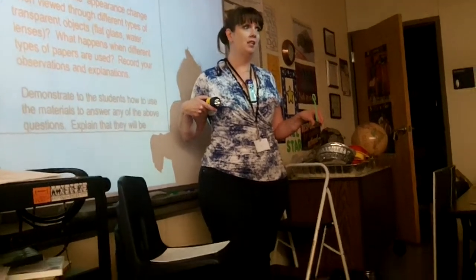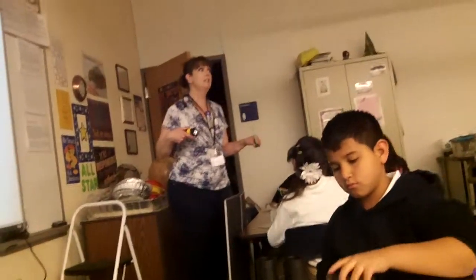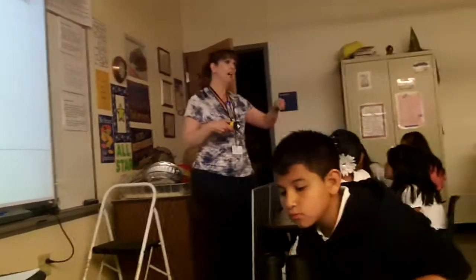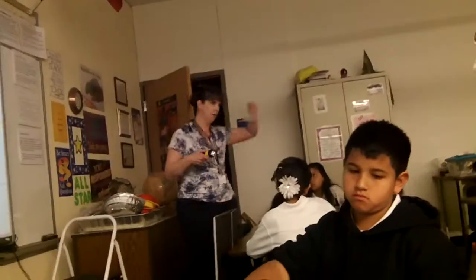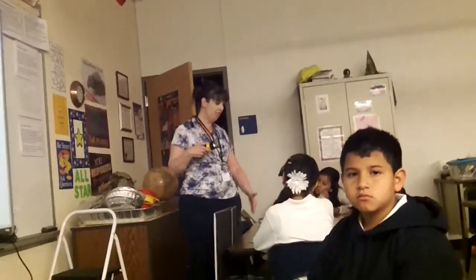I'm not changing the light. I'm looking through different types of objects. So if one time I'm using wax paper, and the next time I'm using glass, and the next time I'm using construction paper, aren't I already changing something? Yeah, I'm changing what I'm putting between the light and Charlie, right?